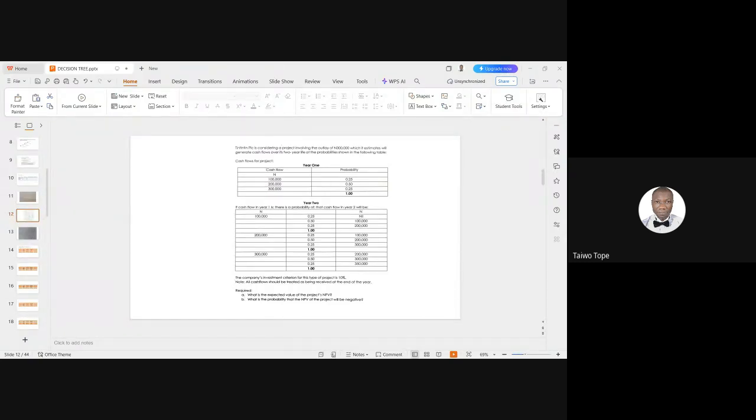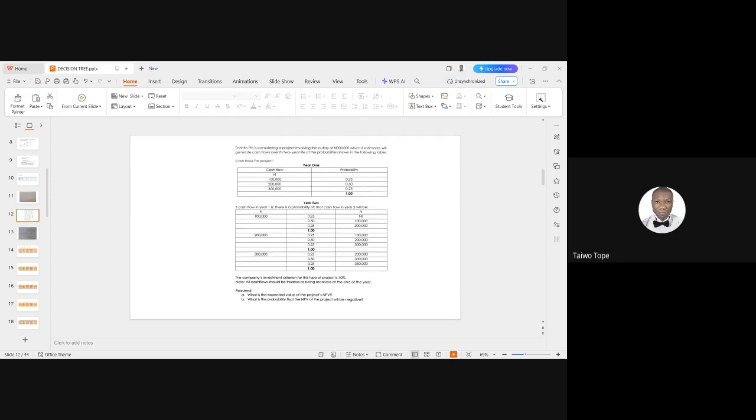Who can interpret this statement? At the end of the year. What is the meaning of that? So when you see it, you will not say, what is this again? What did I want you to do? What it means is that the project lasts for a period of 1 year.